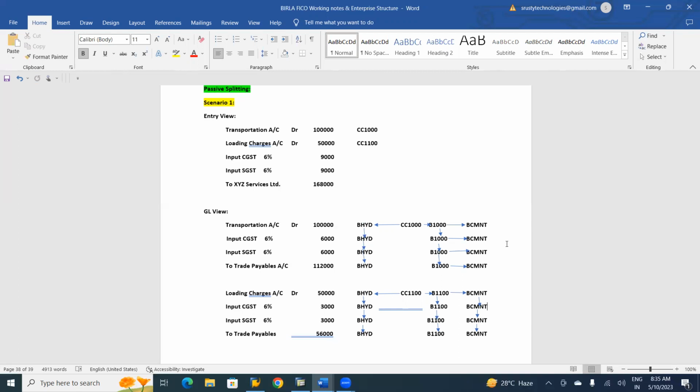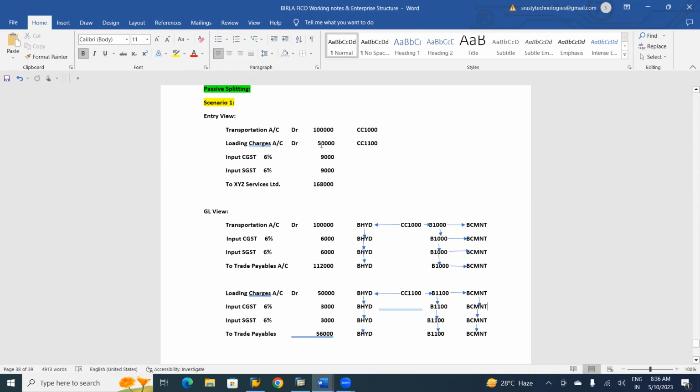What kind of splitting is this? Passive. No, on which base is it going to split? On the base of the entry only, right? So if the splitting happens on the base of the entry, then that is considered an active splitting only. Correct? See, here we have given the entry cost center, entry level, but automatically it is taking all the data from cost center accounting.